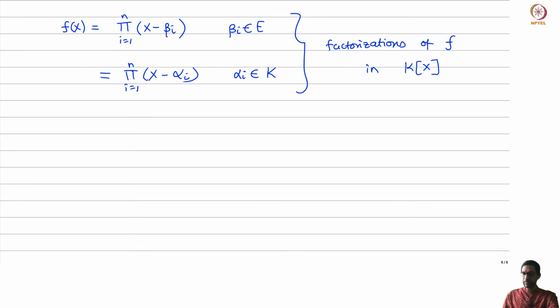So now I have two different factorizations in the ring K[x], but K[x] is a unique factorization domain, and each of these (x minus alpha i) or (x minus beta i) are all just linear polynomials, so they are definitely irreducible polynomials.